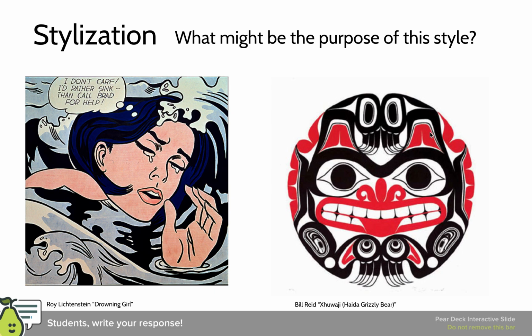He was working out on the West Coast, out of Haida Gwaii. And here on the right hand side we can see really bold, sharp, clean lines. It's bold, it's graphic. It's a reduction of the subject matter to the most important visual elements so that the viewer can understand what it is that they're looking at.